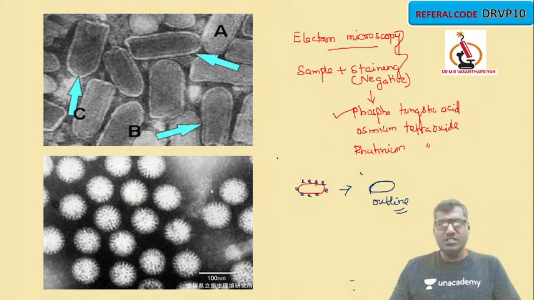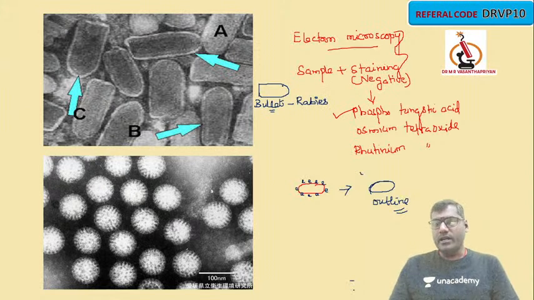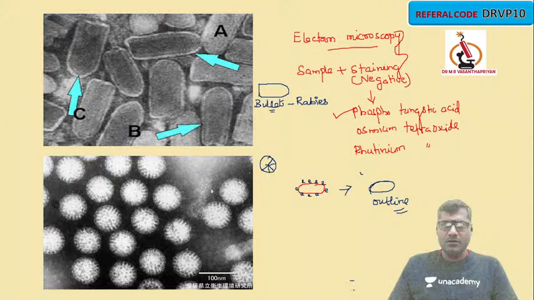The first one shown in the picture, if the morphology is like this, is called bullet shaped, nothing but the rabies virus. So bullet shaped is rabies virus. Coming to the second picture, this is like a wheel with radiations, a wheel-like or spoke-like appearance, that is rotavirus.